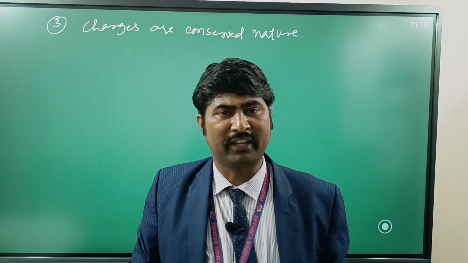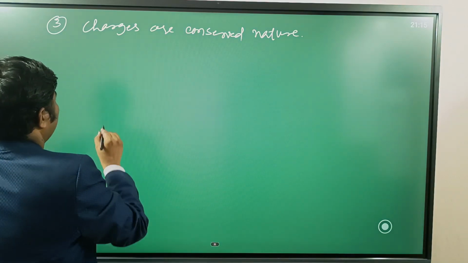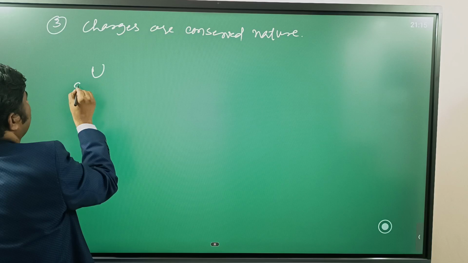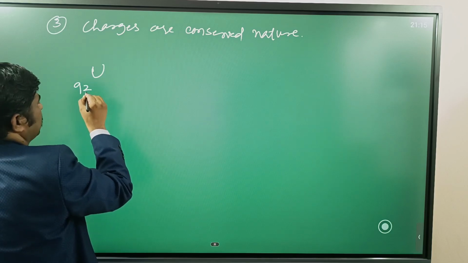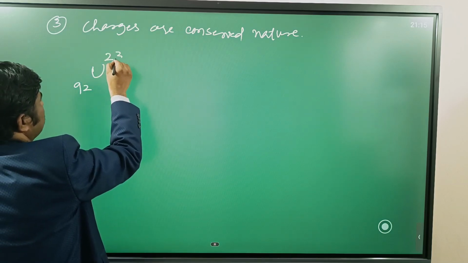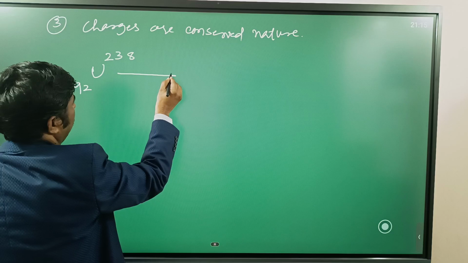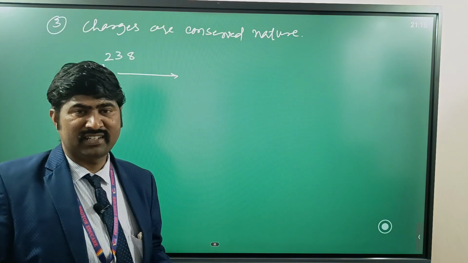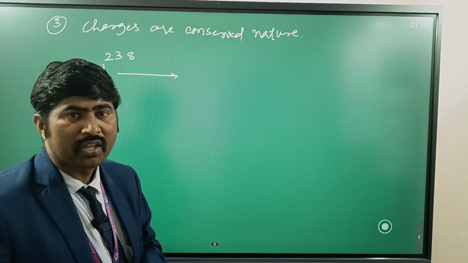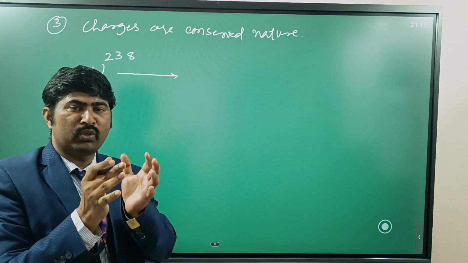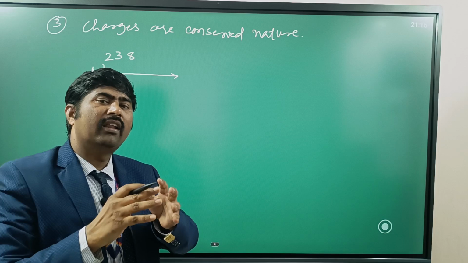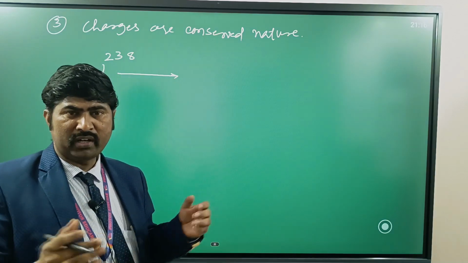The best example I will take: uranium, you might have heard of this. It is an isotope. Uranium, whose atomic number is 92 and mass number is 238. When uranium undergoes the disintegration process, called nuclear disintegration, which we will study in the nuclear chapter, this heavy uranium nucleus, in its most unstable condition, splits into its components.